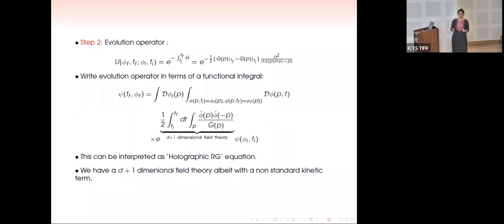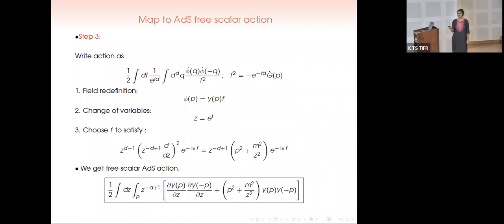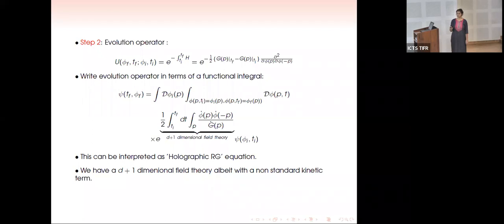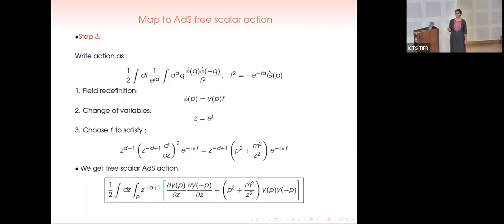Okay, so what we will show is that this corresponds to the bulk radial Hamiltonian. And this is not in a recognizable form because there is a non-standard kinetic term. So we have to do a suitable field redefinition and change of variables. After this, it is quite straightforward. From this path integral we find the evolution action, which is given by this form.